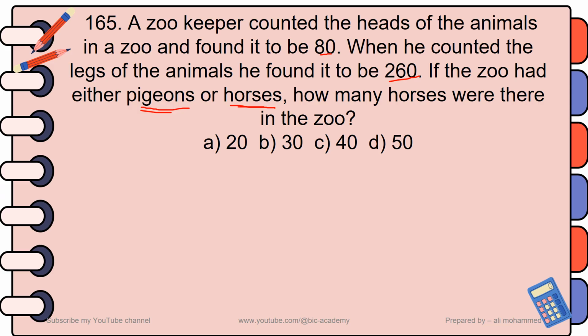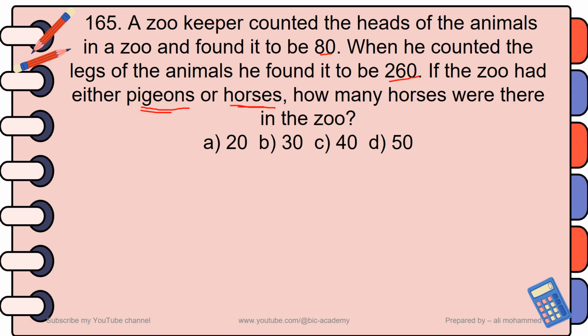You are required to find the number of horses in the zoo. You can also find the number of pigeons in the zoo. So how can we find them?